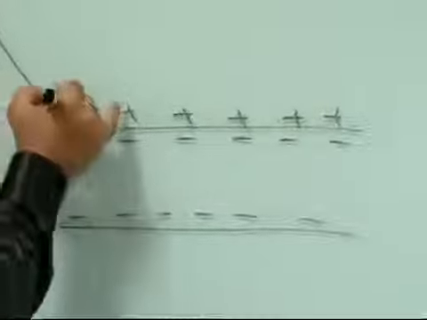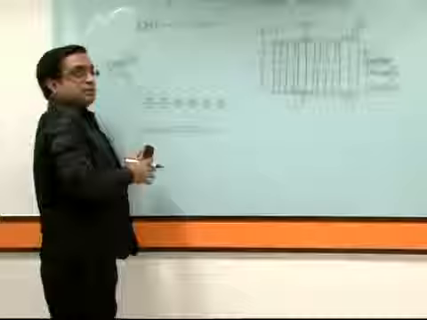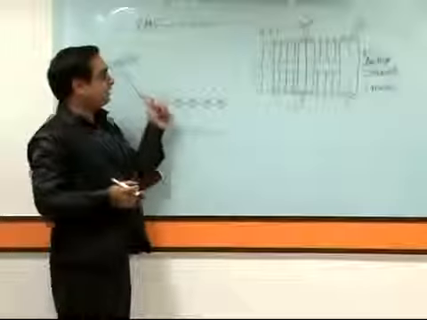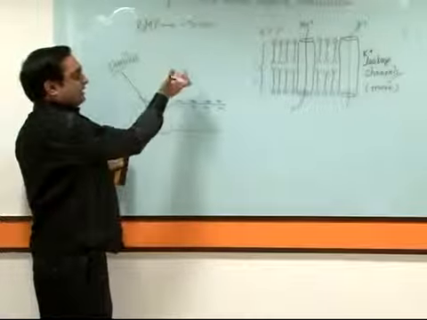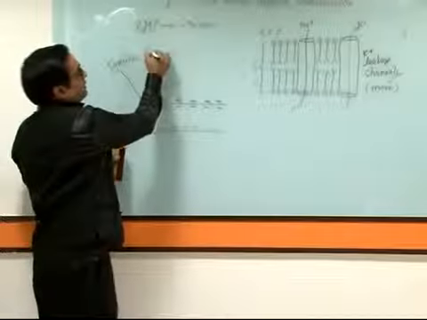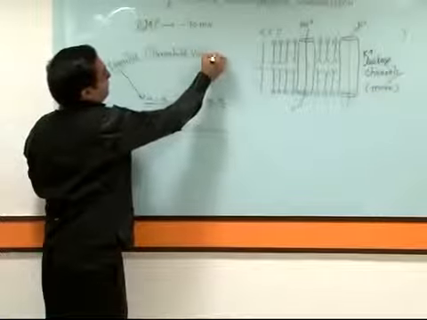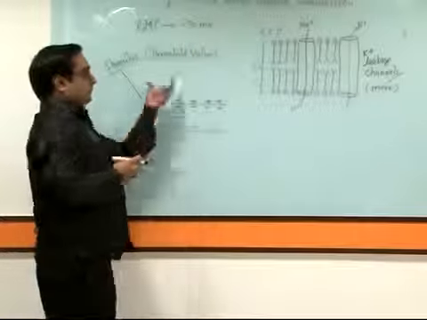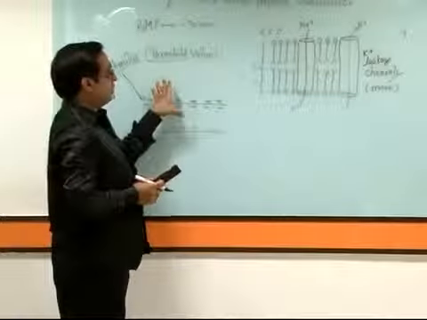When we give a stimulus to this axon, stimulus is any kind of change in the external environment. This stimulus can be mechanical, chemical, or physical. The stimulus has to be of threshold value. Threshold means minimum value of the stimulus which is capable of generating a response.